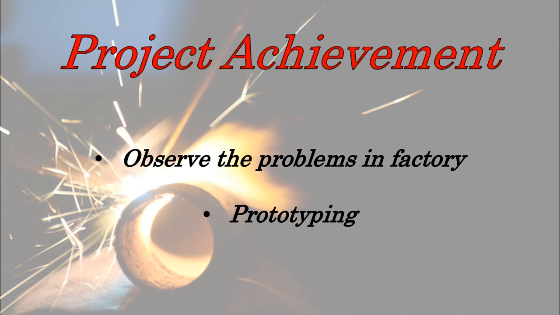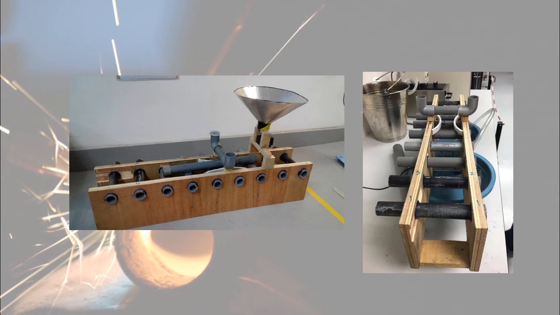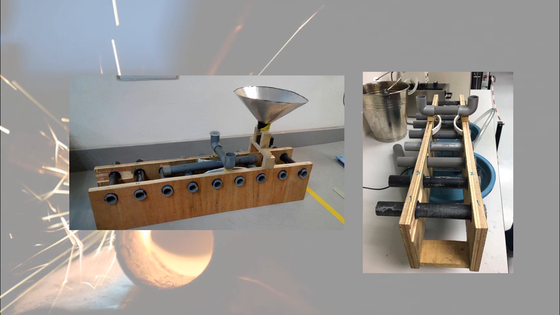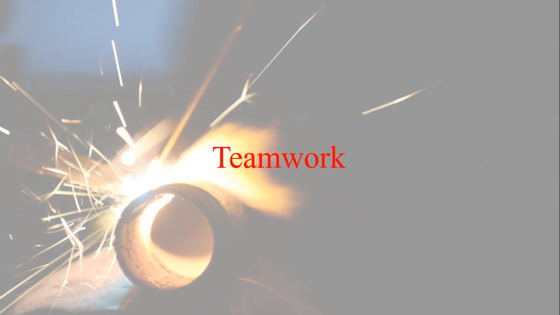Next, in the prototyping station, which is the implement part, I'm trying to assist my friend with the dimensions in the design, to help us complete the prototype. So, teamwork. This is a really personal part.